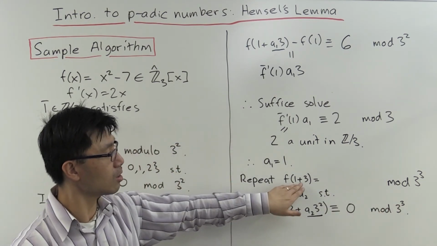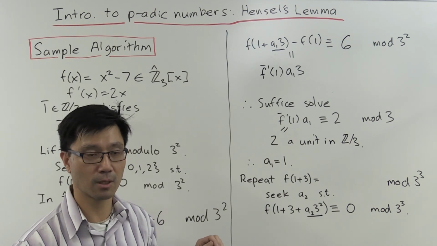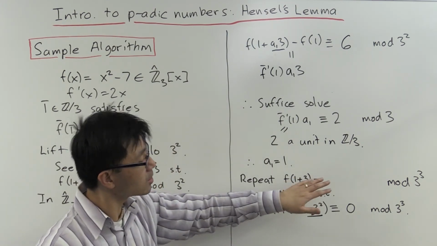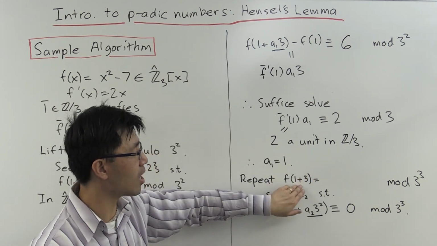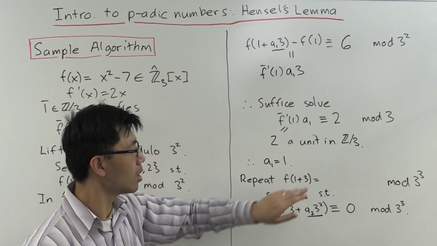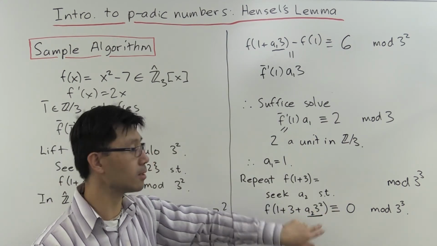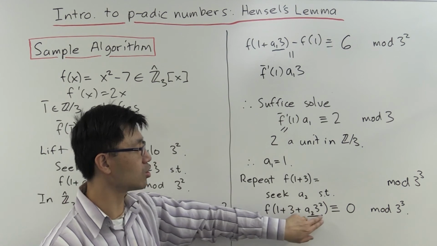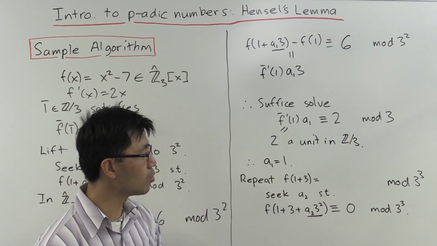And so, of course, you can ask, can you get some solution modulo 3 cubed? I'll just go through the first couple of steps in this. So I guess you want to lift the solution you have here. The way you do that is you add some multiple of 3 squared. So you add a2 times 3 squared, and a2 will be one of the numbers 0, 1, or 2.